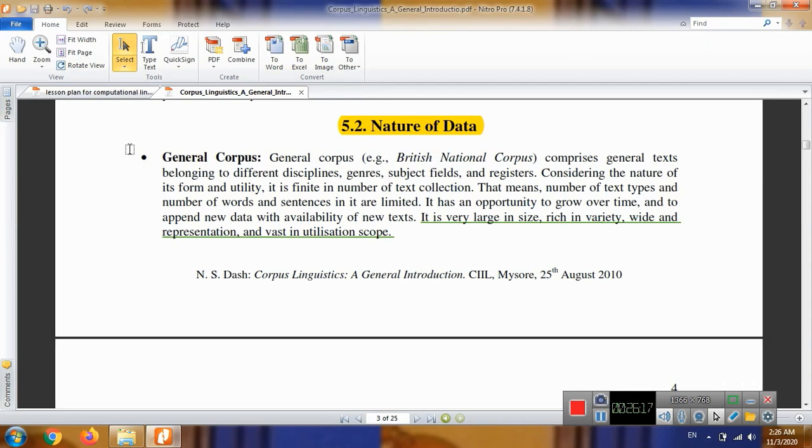Considering the nature of its form and utility, it is finite in number of text collection. That means the number of text types and the number of words and sentences in it are limited. It has an opportunity to grow over time and to append new data with availability of new text. It is very large in size, rich in variety and wide in representation, and vast in utilization scope.